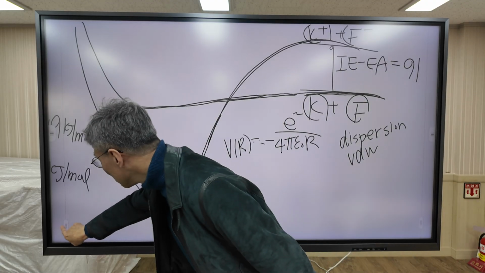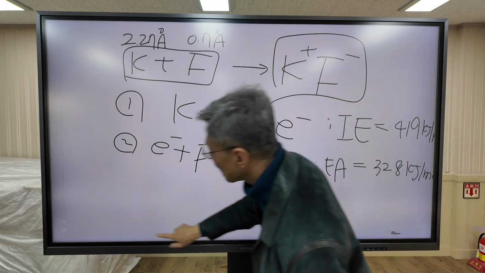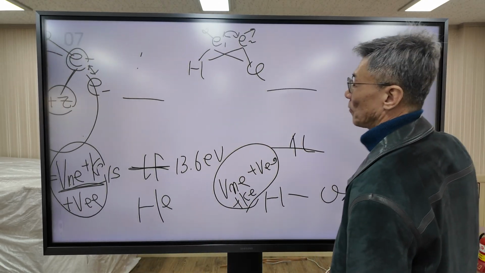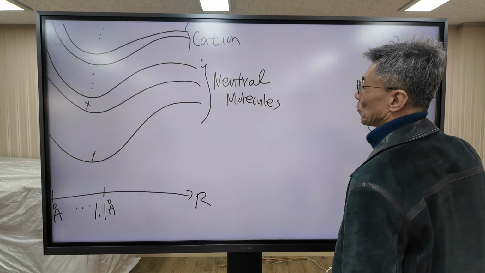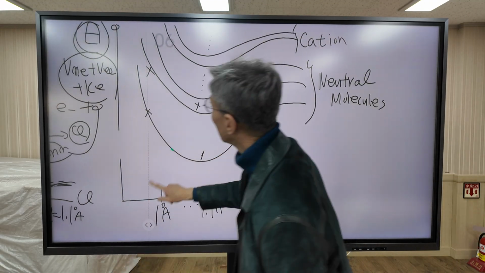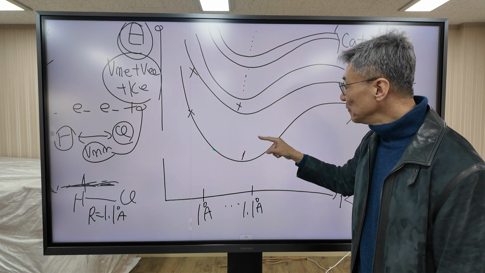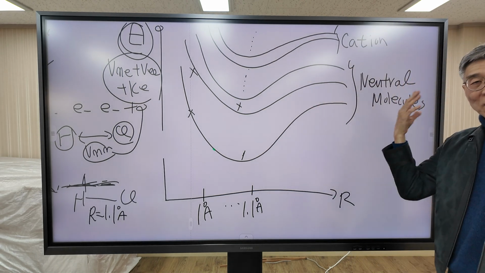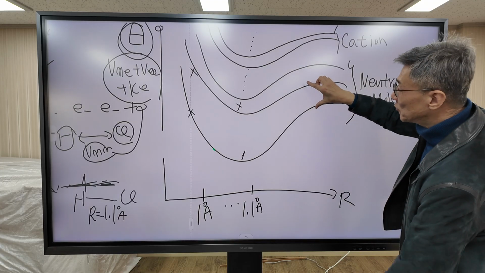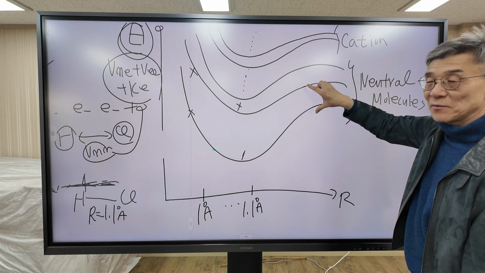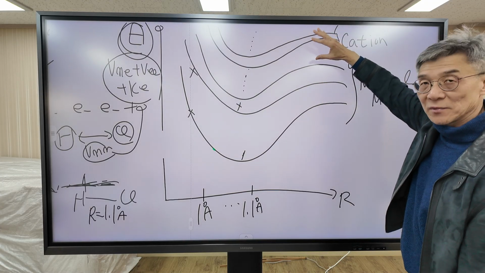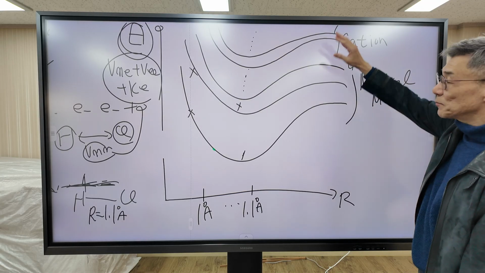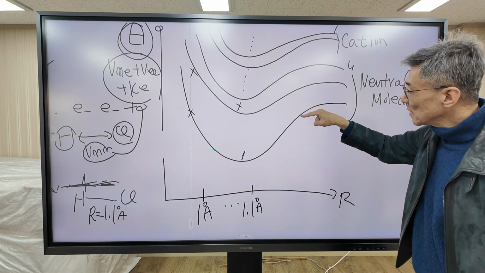But as I said before, given a molecule, I can draw an infinite number of potential curves, right? But for KF in our textbook, only two potential curves are drawn. Actually, an infinite number of curves can be drawn. But there are main differences. In this potential diagram, two curves are separate.